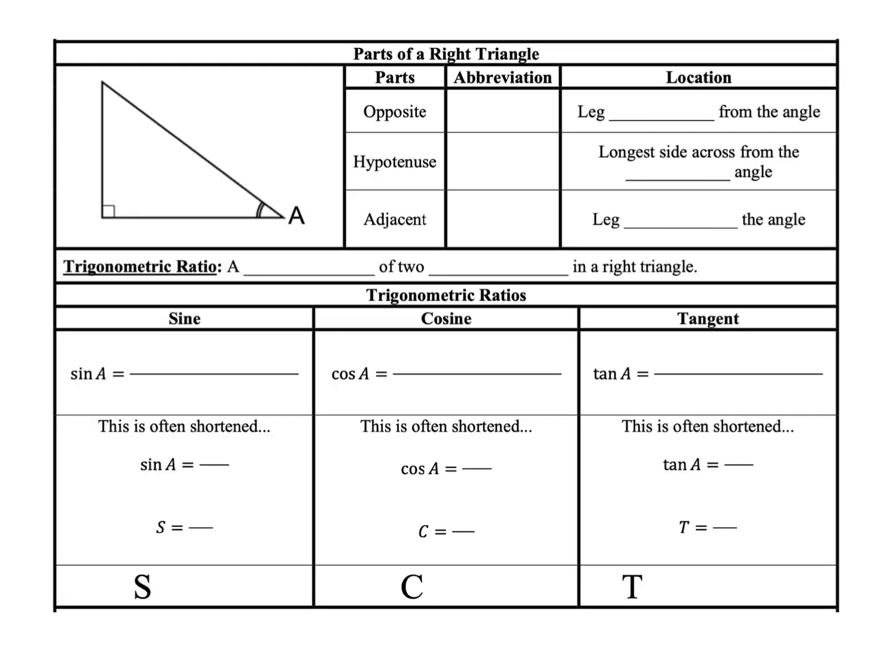Before we define the 3 trigonometric ratios, we need to talk about the parts of a right triangle. Every right triangle has 3 parts. The parts are listed right here. So we have opposite, hypotenuse, and adjacent. Now, we're going to do the hypotenuse first.